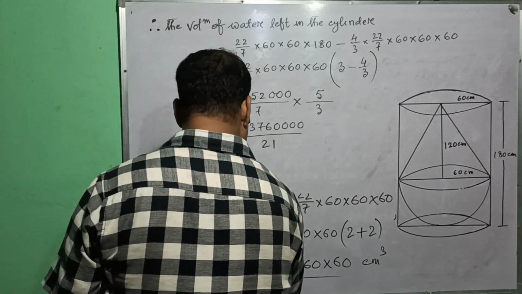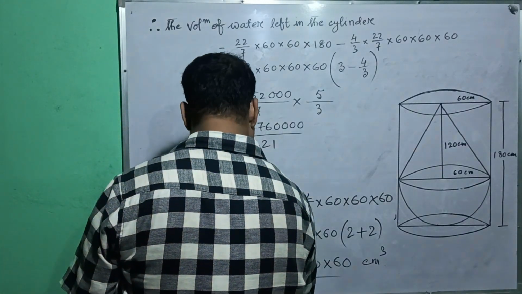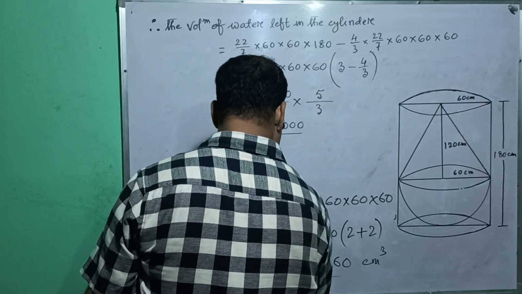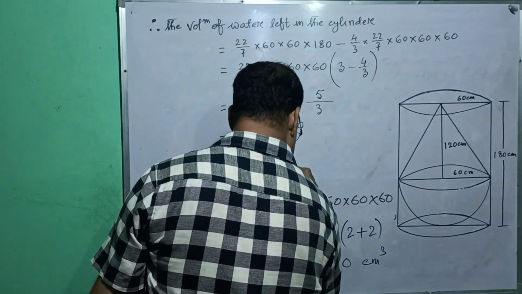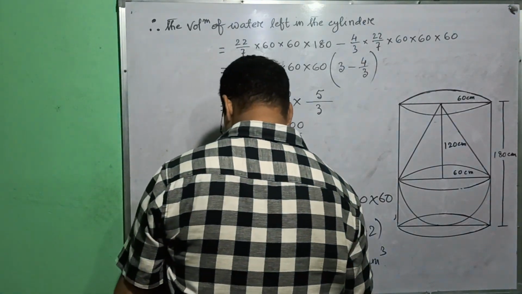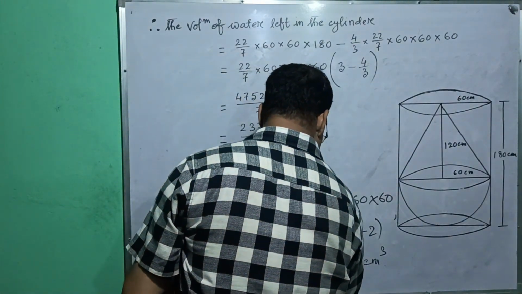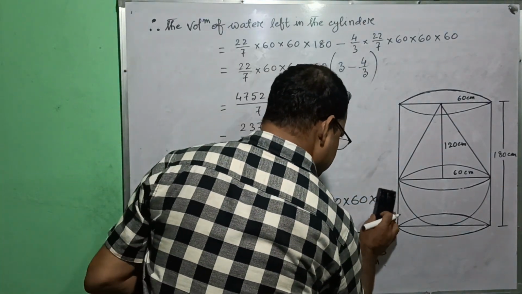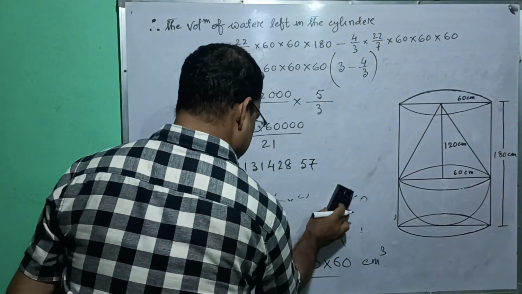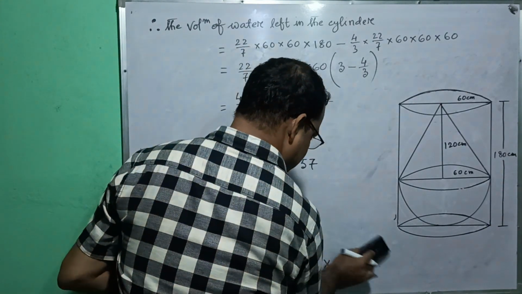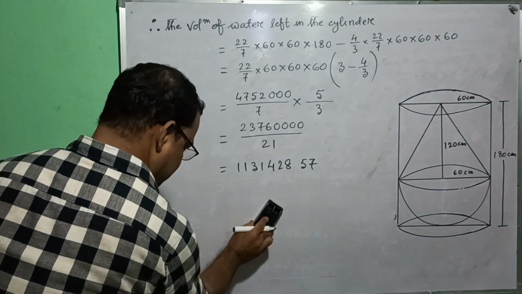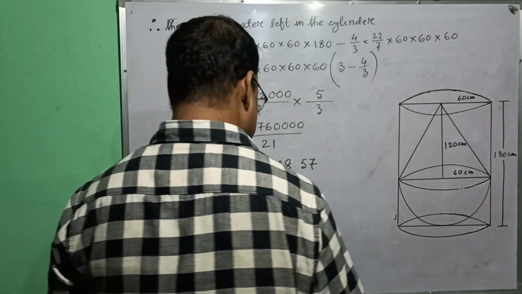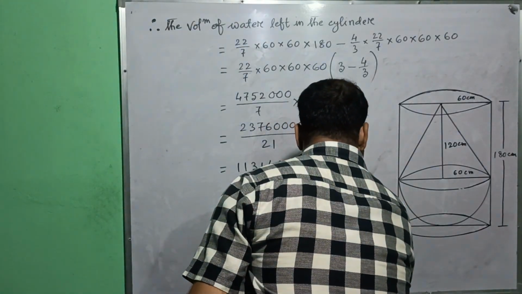So we'll get 1131428 point. So we'll write up to 2 decimal. It is 57. So it is in cubic centimeter.